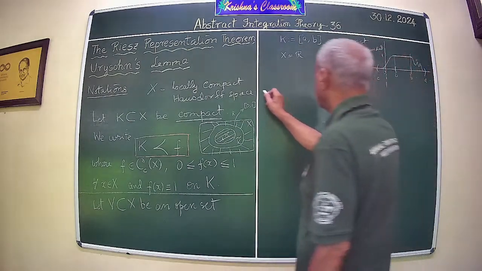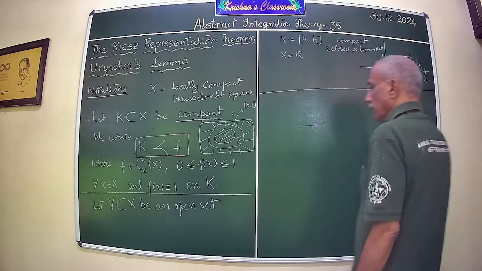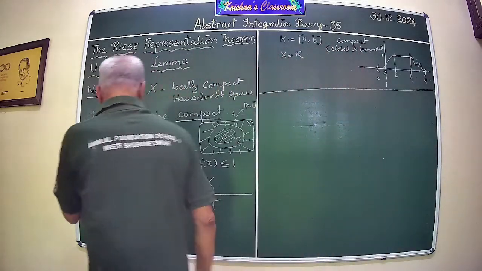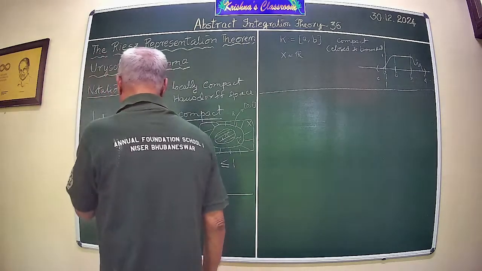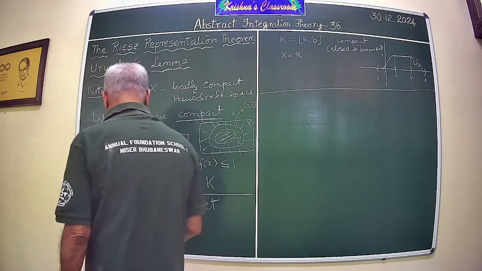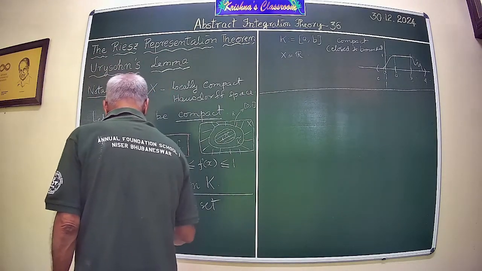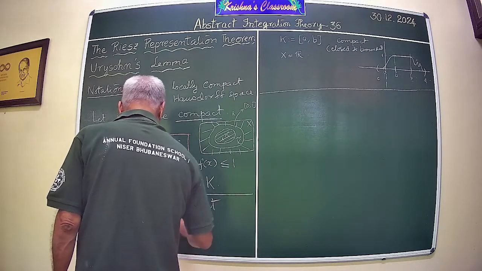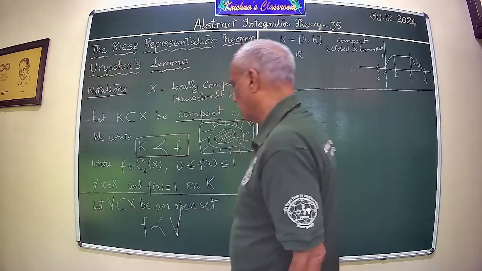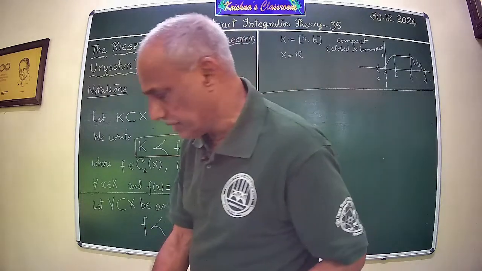So that's the meaning of it. Now let us take the next part of the notation, we use this notation. So V is an open set. We are giving a meaning to this.